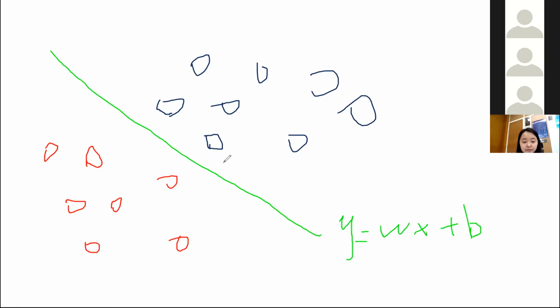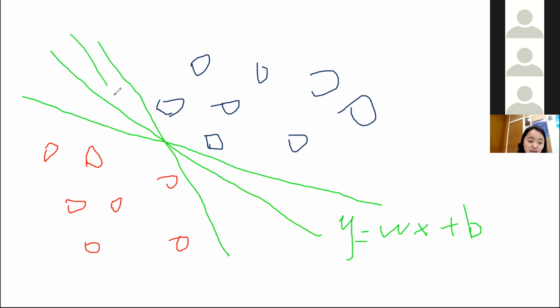If wx plus b is larger than 0, the sample will belong to this class. If wx plus b is smaller than 0, the sample would belong to the other class. But there are a lot of possible boundaries, right?